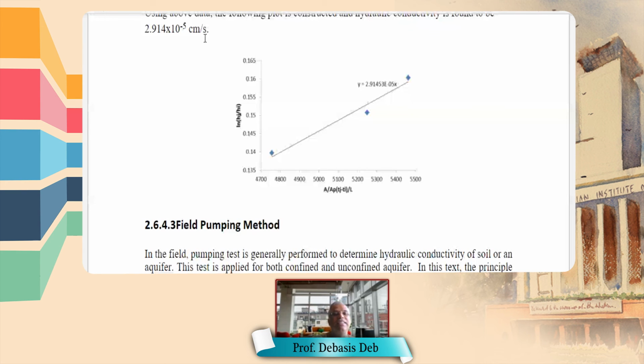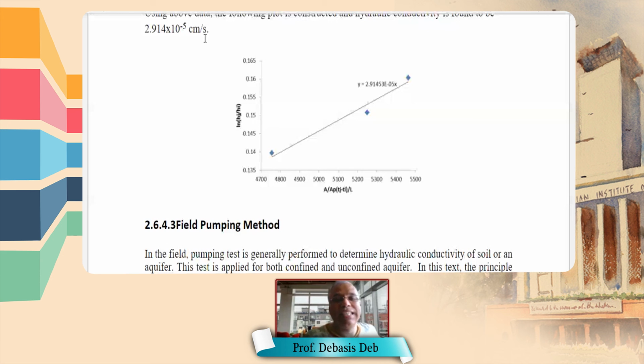So I think this is maybe a fine-grained soil. That's why the value is low. We get even lower than this value also. If you do the testing in rock, this will be even lower than that value, in the order of 10 to the power minus 6 also, which is very low.